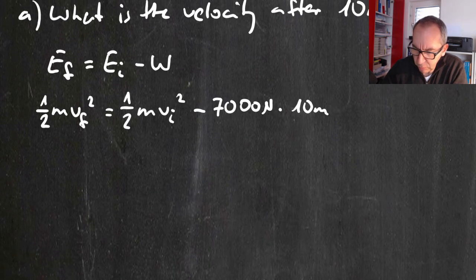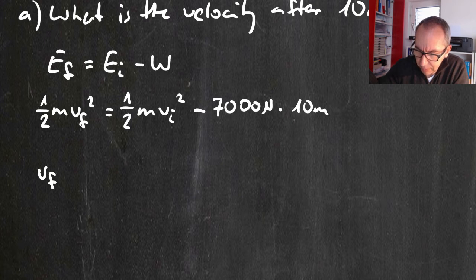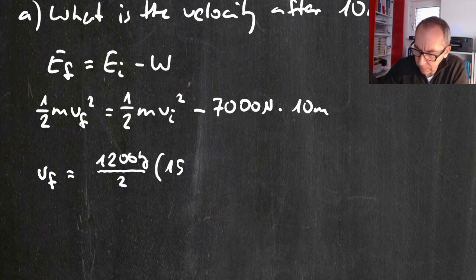And we can resolve, so our final velocity is then 1/2 mv squared, 1,200 kilograms over 2 times 15 meters per second squared, minus the work done by the brakes.